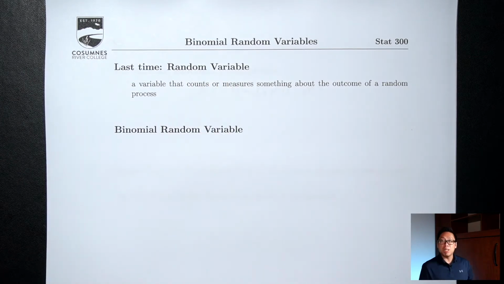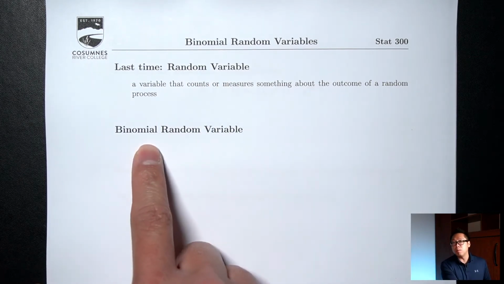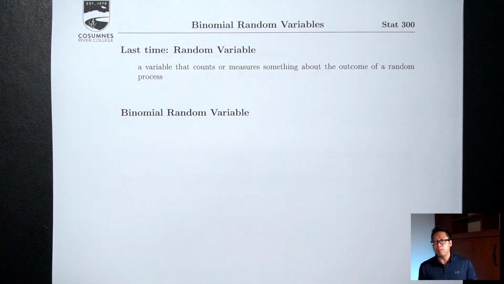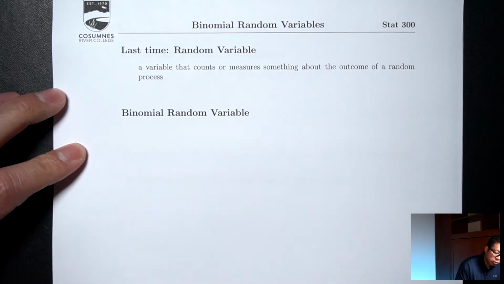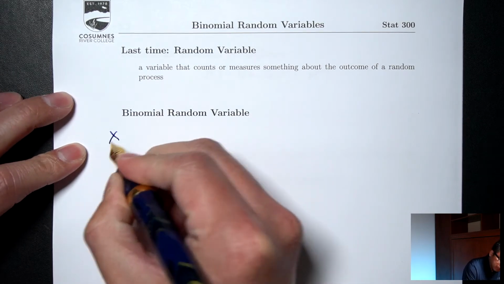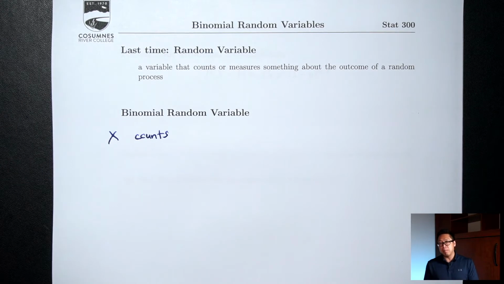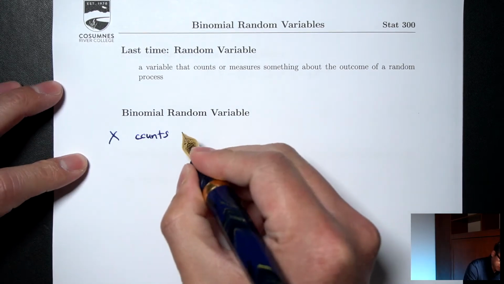Today we're going to talk about a very special type of random variable called a binomial random variable. It's special in the sense that it's going to count something very specific. Binomial random variables are going to count the number of successes in a fixed number of trials.